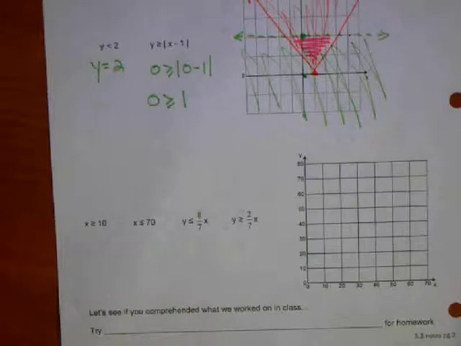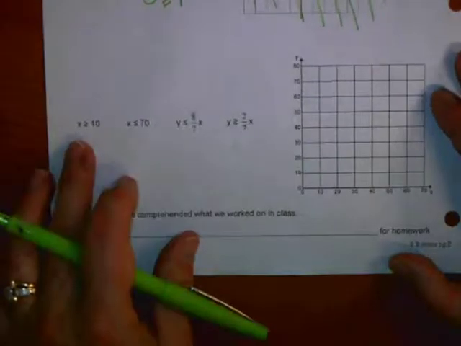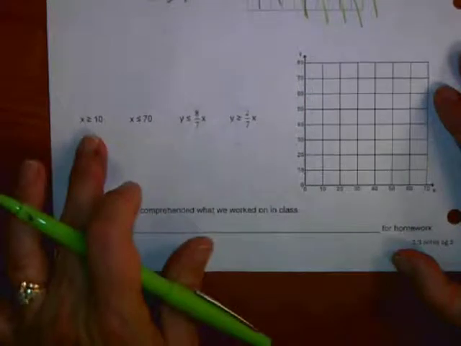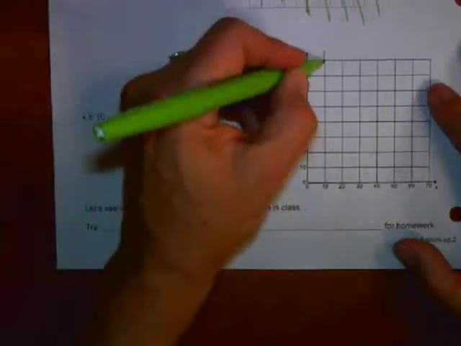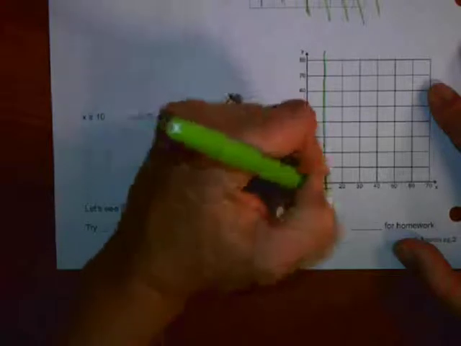Okay? Now, last one. Oh, look at them all. How fun is that? Okay, it's pretty easy. What kind of line is this? Vertical through 10, correct? And it's solid. So color lightly, because we got 4 of them.